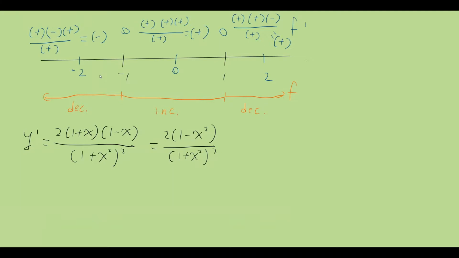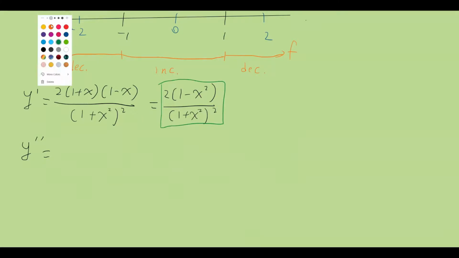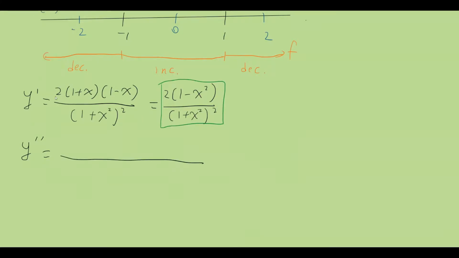All right, and now let's find y double prime, right? Again, using the quotient rule on this part that we just multiplied out. Okay, so let's see. It's going to be 1 plus x squared quantity to the 4th power, right? Because we're taking the square of the denominator again. All right, copy it down. 1 plus x squared quantity squared times the derivative of the numerator, which is going to be -4x.